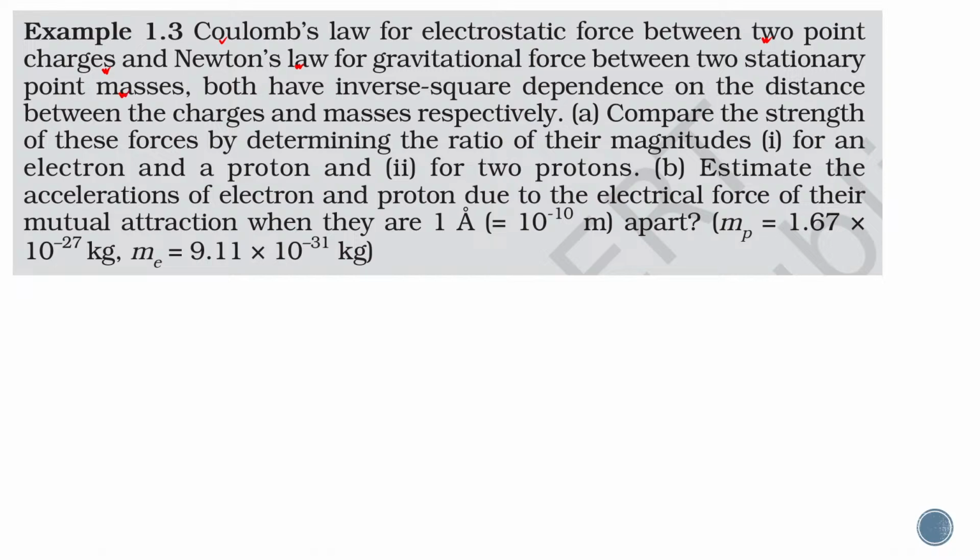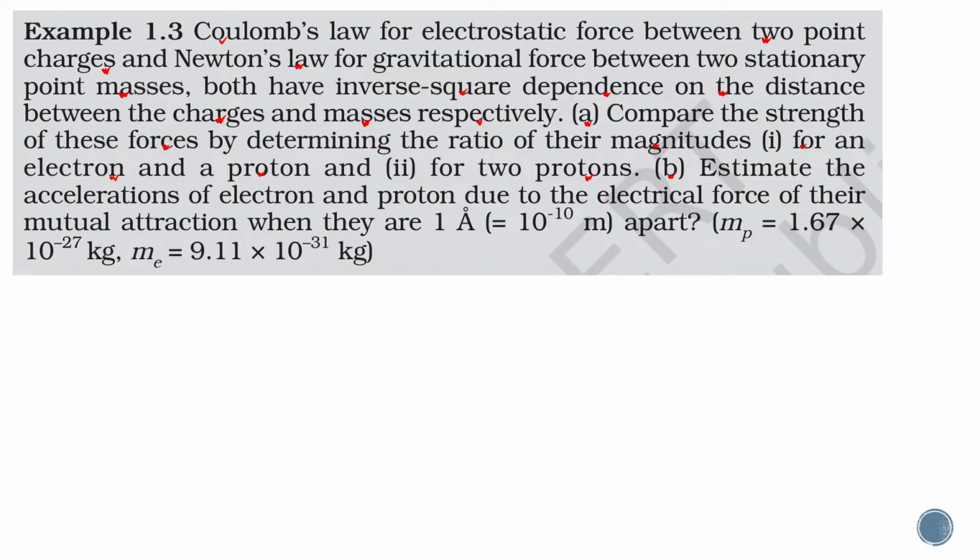Both have inverse square dependence on the distance between the charges and masses respectively. A. Compare the strength of these forces by determining the ratio of their magnitudes. 1 for an electron and a proton, and 2 for two protons.